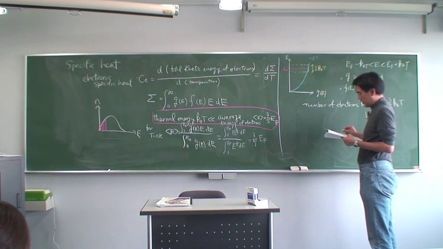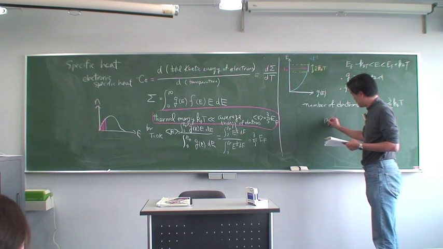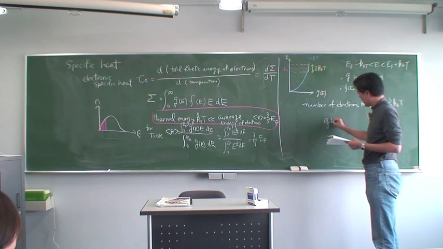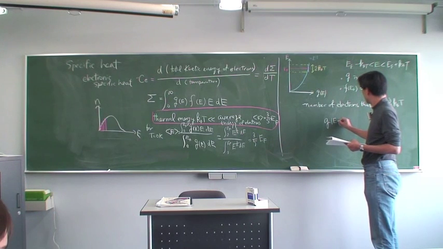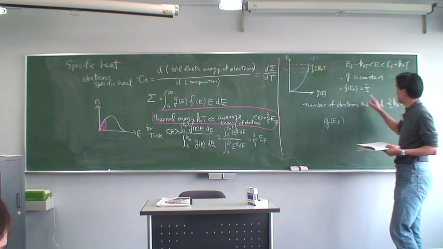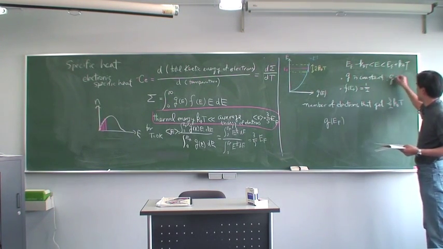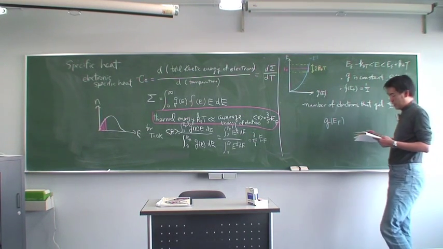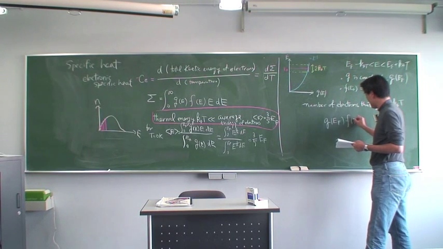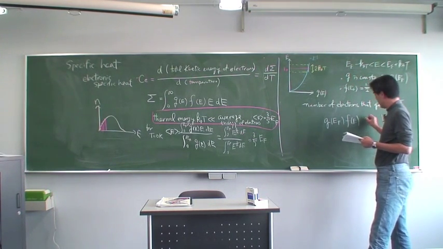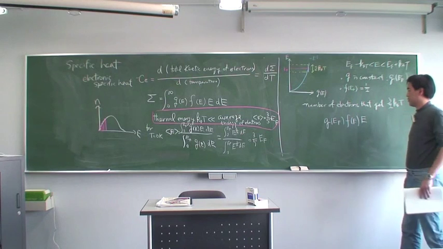And that is the same as G at EF. It's a constant, G is constant. So let's just say it's G(EF) times F(E) times E. Right?